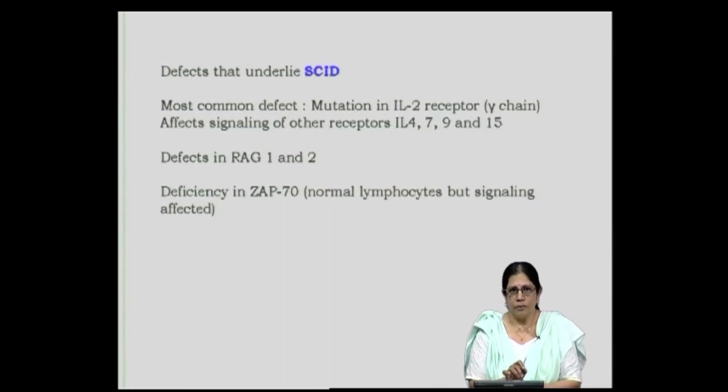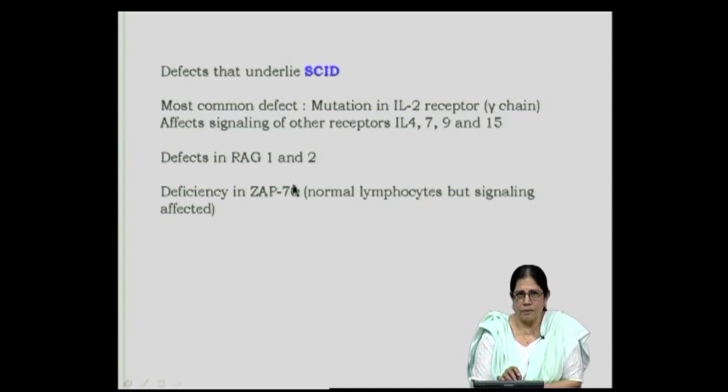RAG1 and 2, recombination activating genes 1 and 2, the products of which are required for the development of both T and B cells, because these enzymes are required for T cell receptor gene organization as well as immunoglobulin gene organization. So mutations in either RAG1 or 2 lead to severe combined immunodeficiency.